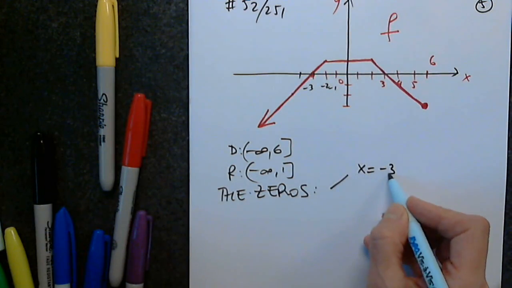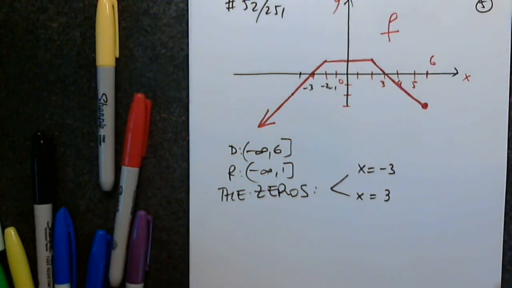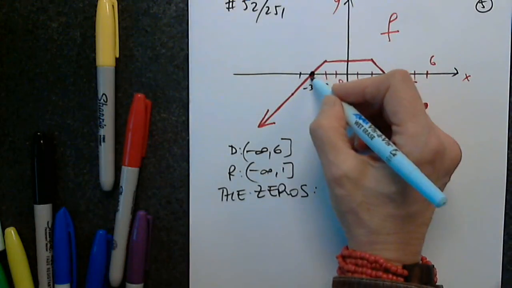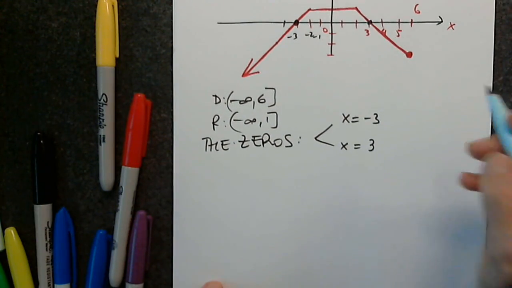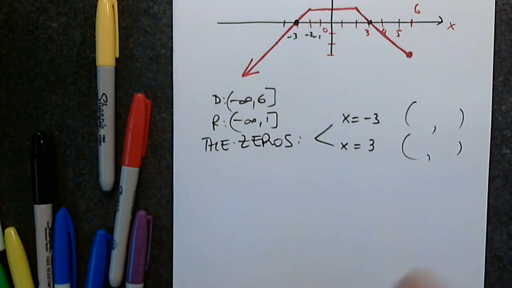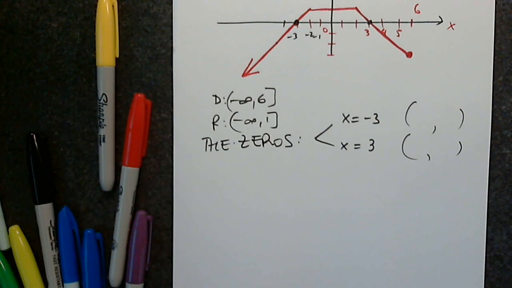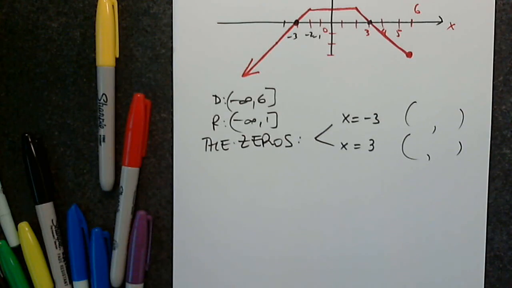So when x is negative 3 and when x is positive 3, these are the two x-intercepts or zeros of this function. A problem may ask you to write the ordered pair. I prefer the ordered pair. So what do I have to write for the ordered pair?